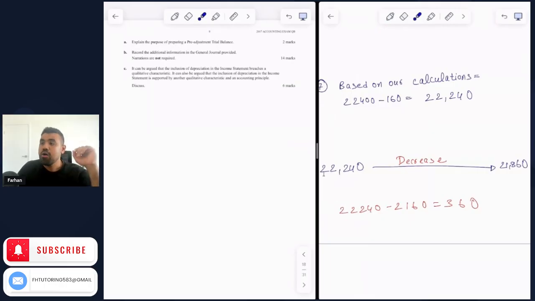Okay? All right. Now, let's look into the second qualitative characteristic which supports the inclusion of depreciation, and that is relevance. Because depreciation expense refers to the loss in the value of a non-current asset, and this loss is basically the economic benefits that we have consumed as a business for the purpose of generating revenue.